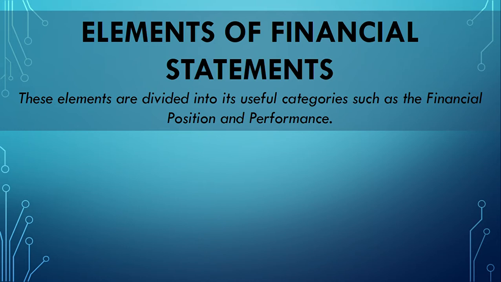From the last video material that I uploaded in our class, I discussed the different objectives of financial statements. The objectives refer to the financial position of the business and the performance of the business. In getting the financial position, we can see the financial stability of the business by looking at the statement of financial position, or what we call the balance sheet.